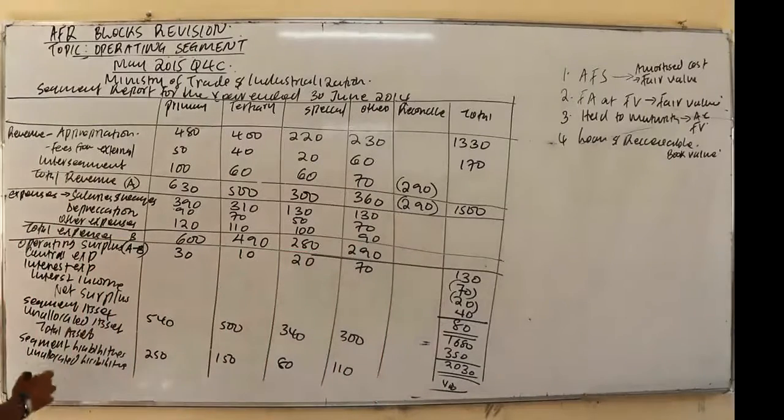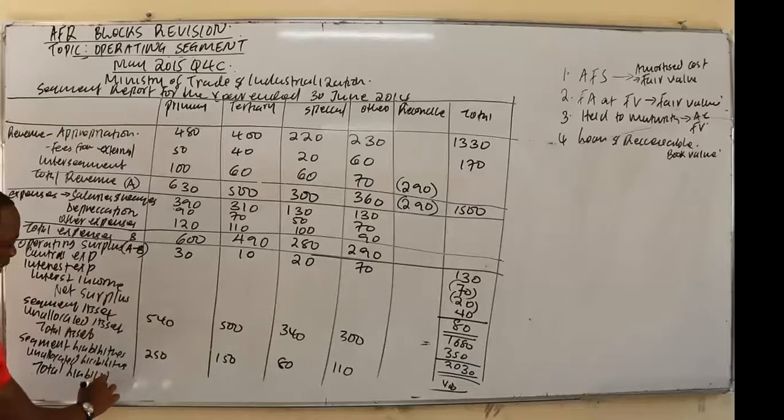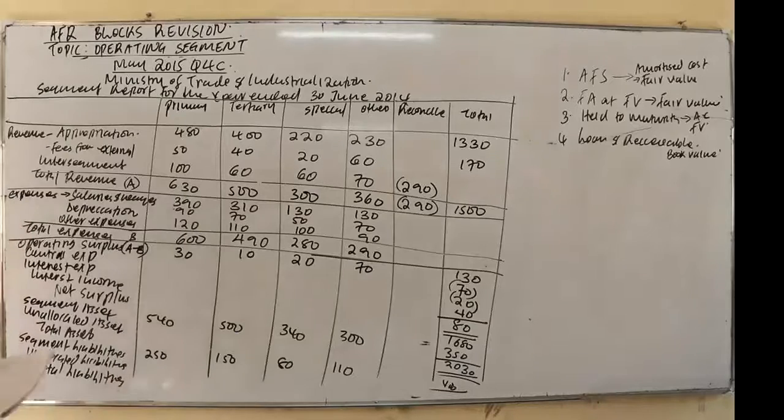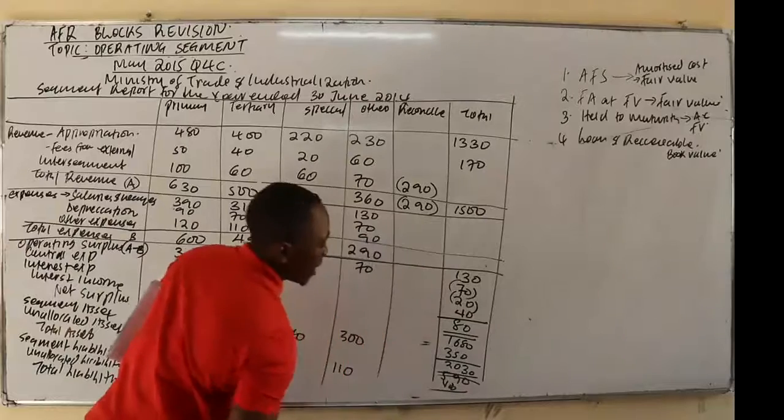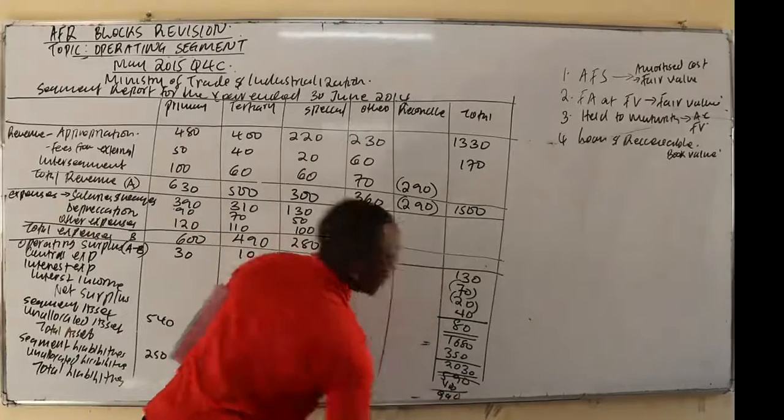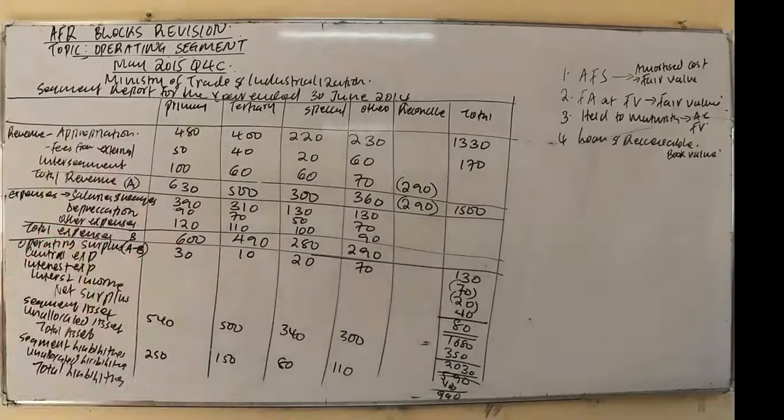So that we get the total liabilities. So you have 590, you add 400 and you get 990. Good. So simple as that. So you can take a screenshot of that.